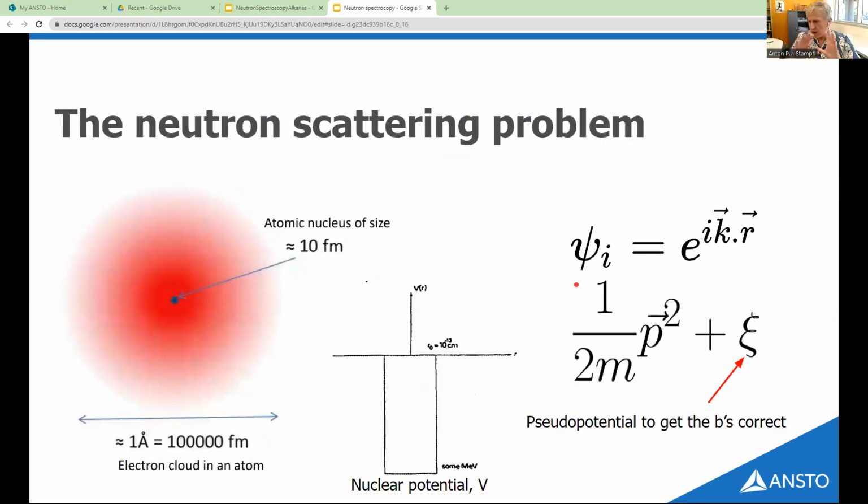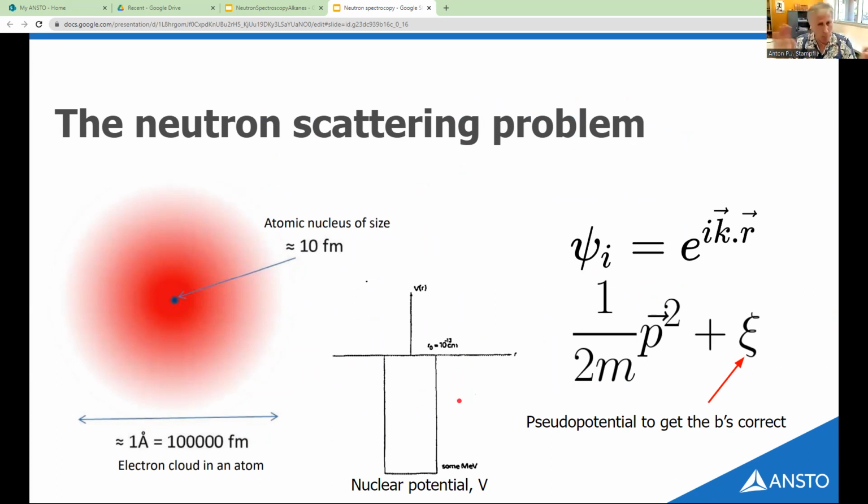Now, there's two more slides to go with the physics of it. It may be boring, but it's very, very important. So the neutron scattering problem: one needs to understand this in terms of the nuclear potential. When you think about neutrons, they're coming in, they're being scattered by the strong nuclear force, right?